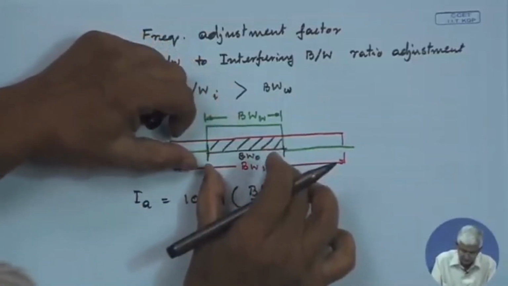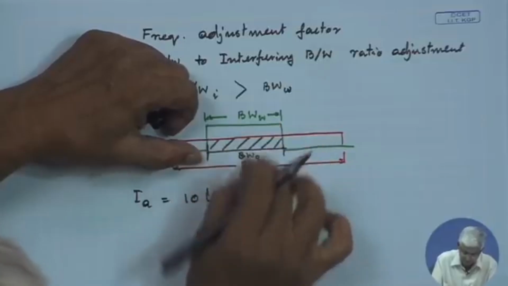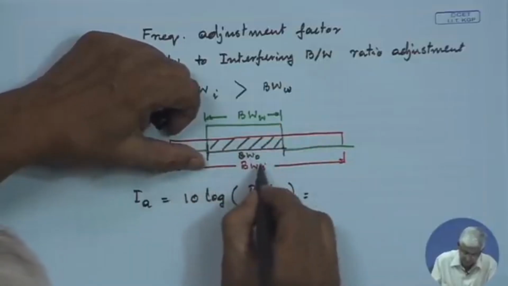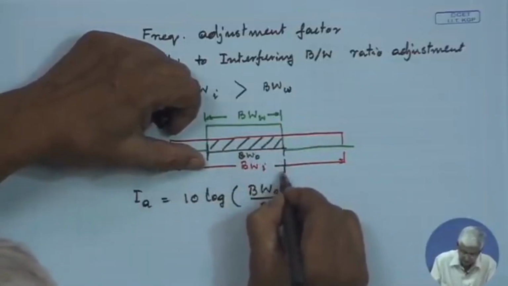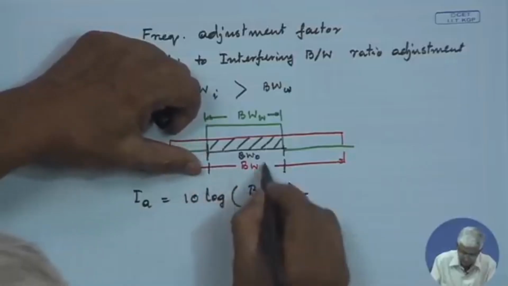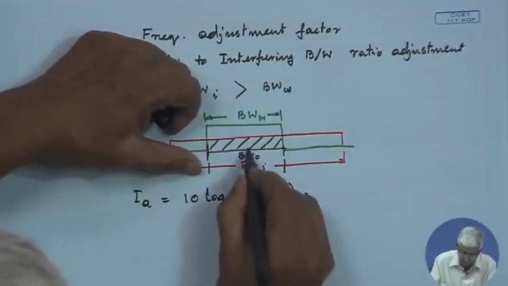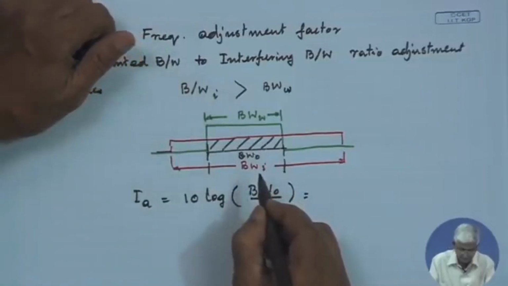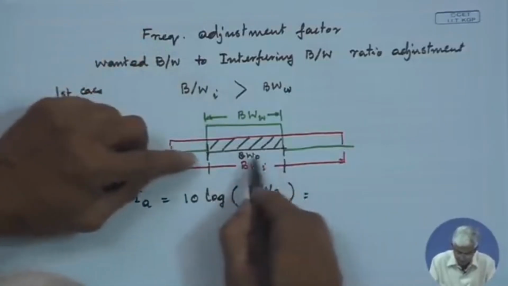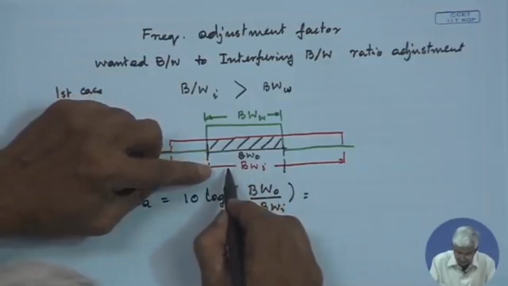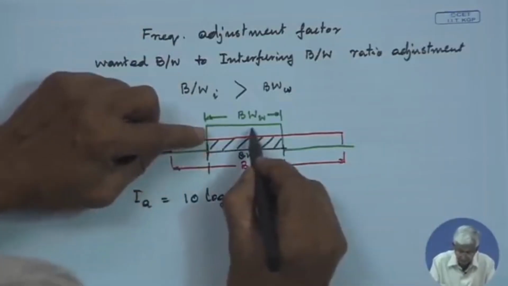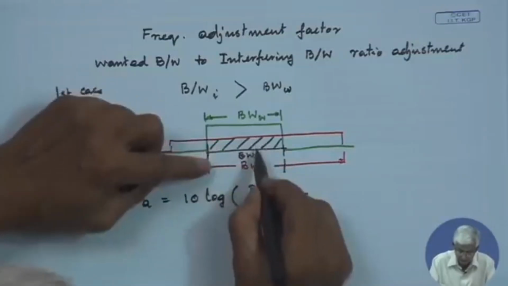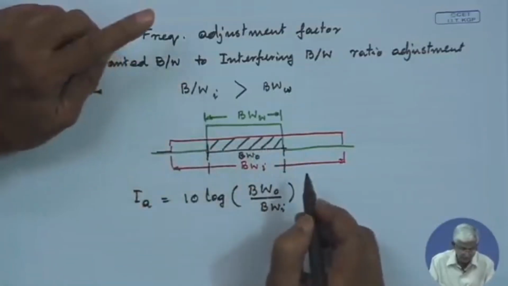The wanted bandwidth is fully overlapped with the interfered bandwidth.